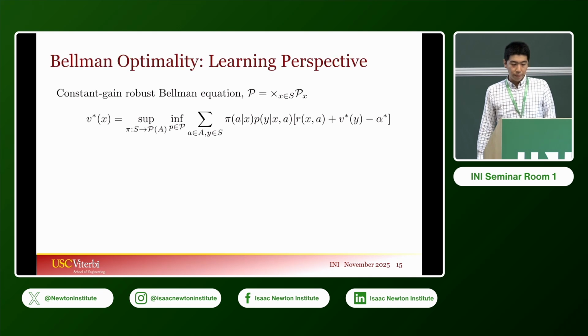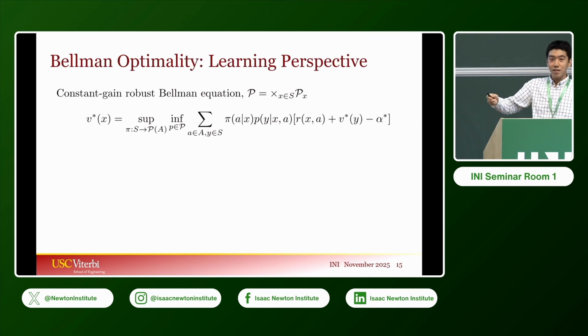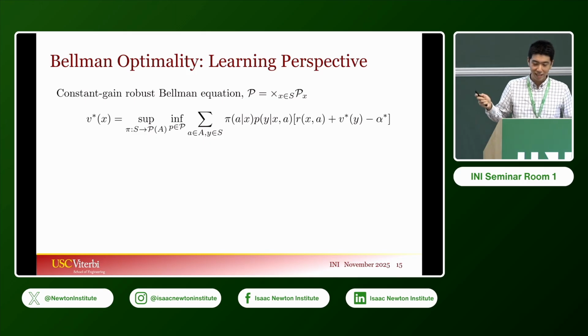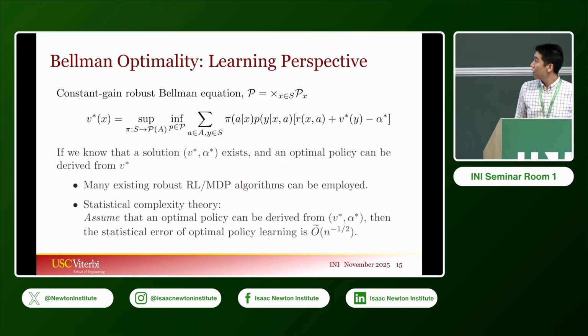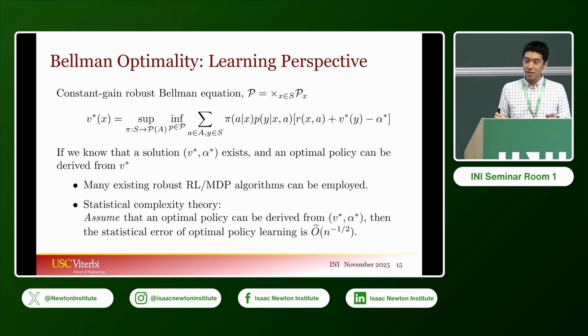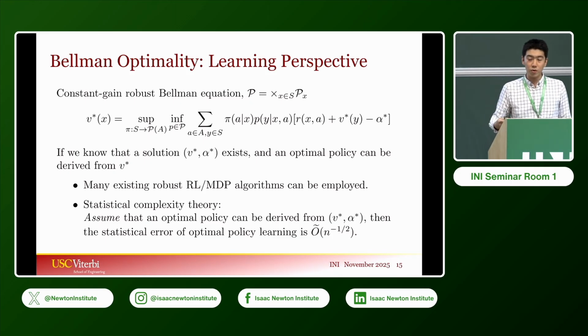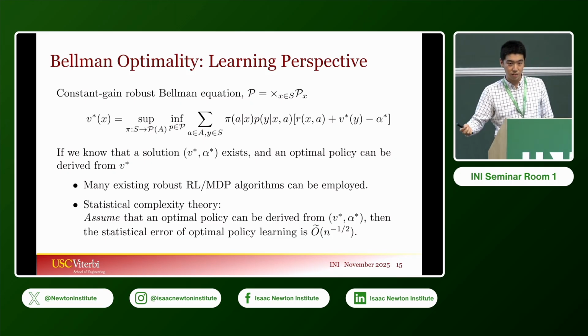Because this workshop is on bridging learning and stochastic control, I want to say that this dynamic programming principle will tell us a lot about learning. Most of the existing algorithms in the machine learning literature on reinforcement learning use these dynamic programming equations as a tool to achieve learning.